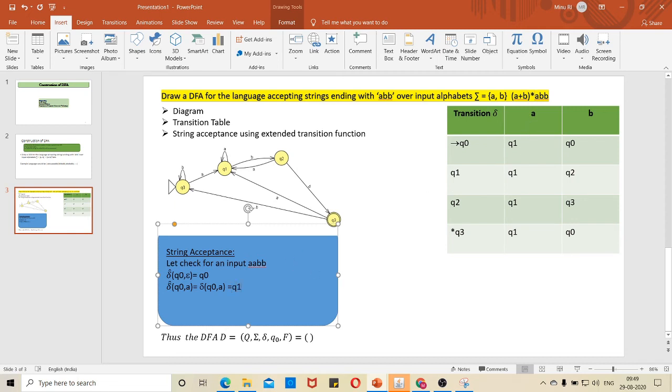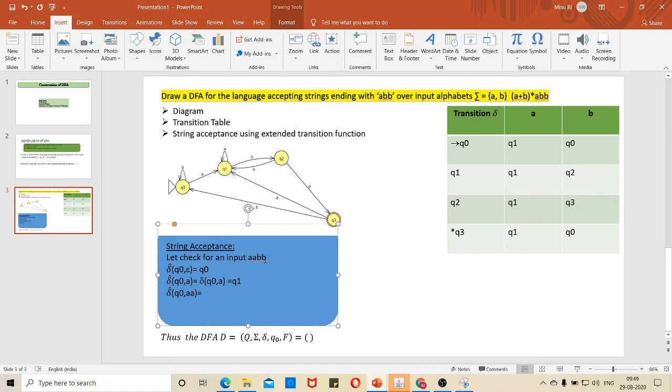So, write it as Q1. This is the extended function, repeatedly writing. In Q0 state, again, my input is AA.